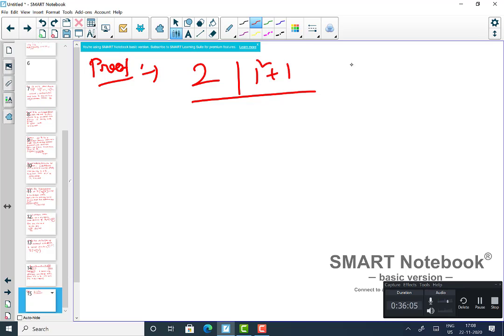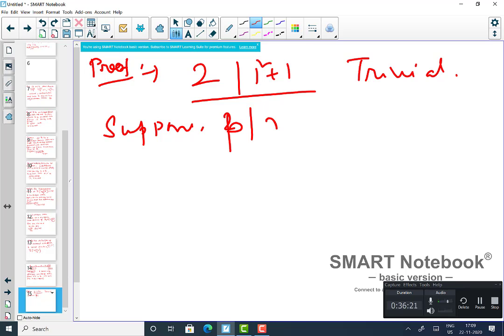So for the non-trivial case, what you need to prove is: suppose p divides n square plus 1, okay, and I will prove that p is congruent to 1 mod 4. And p is odd, obviously, because for the even case it is the only case, right? There is only one even prime, okay.